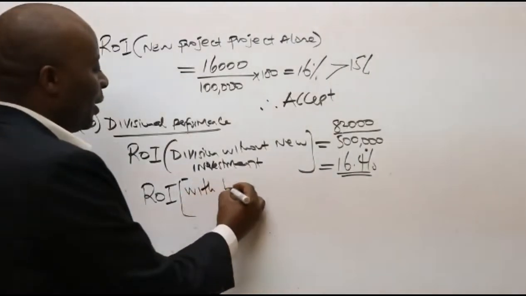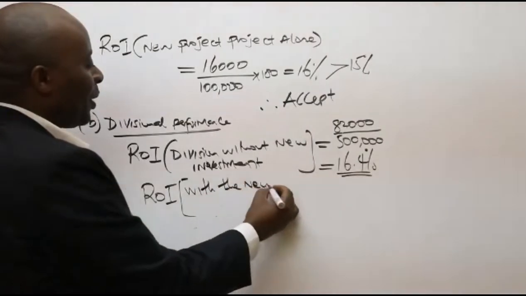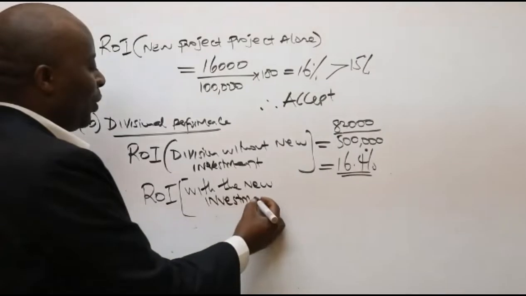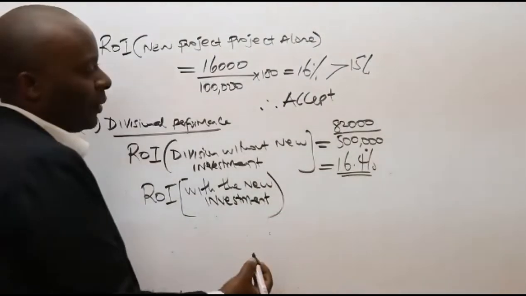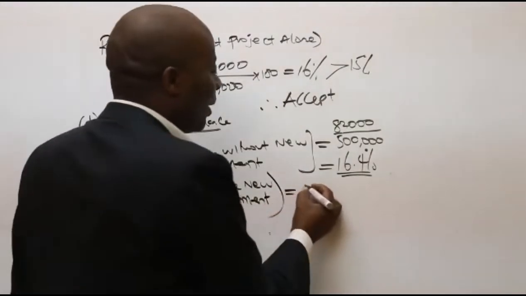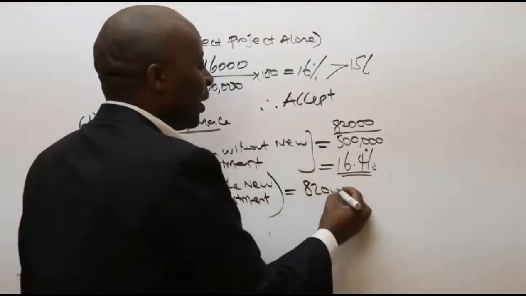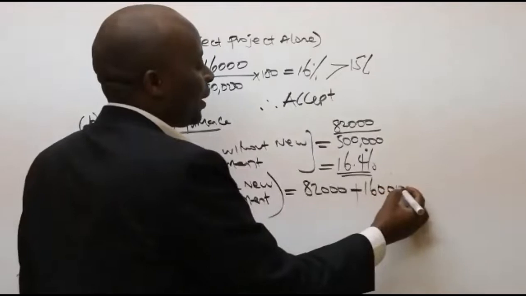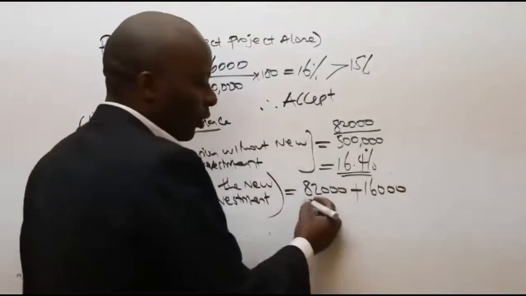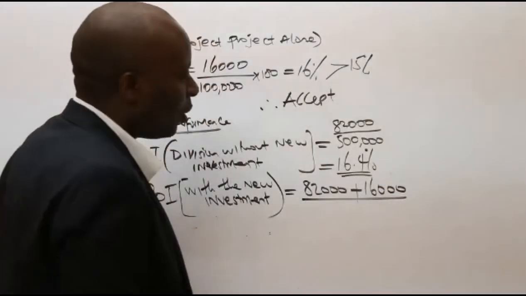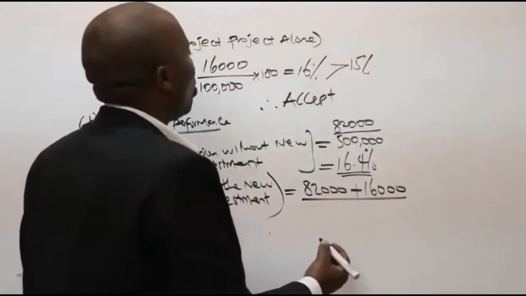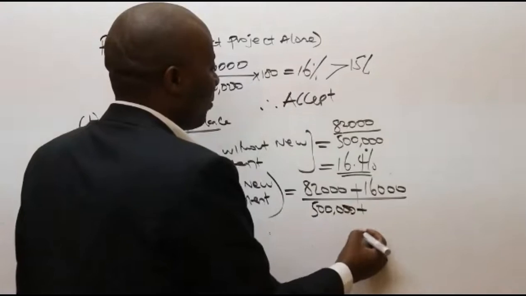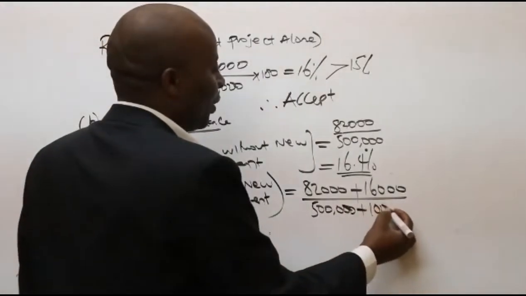With the new investment being brought on board, it will be 82,000 plus what? I see the new profit there is 16,000, all over what? Somebody, all over 500,000, the old investment, plus the new investment of 100,000.